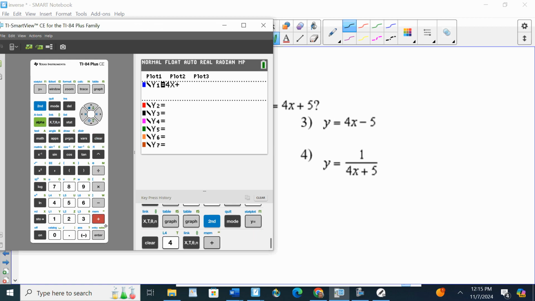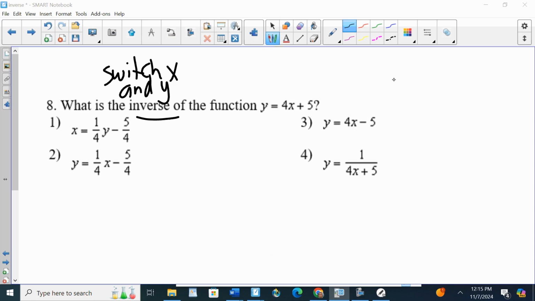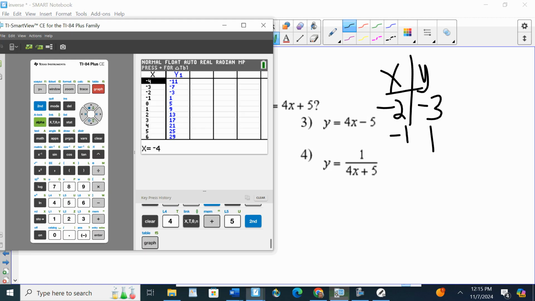Go to your table and write down some nice points. By nice points, I don't want fractions, and I don't want things that are too big. Let's do -2, -3; -1, 1; 0, 5.